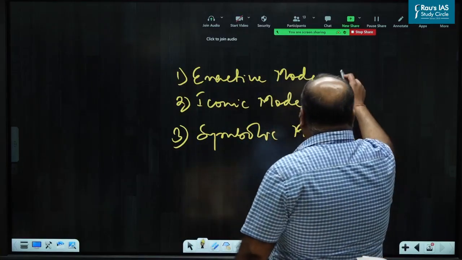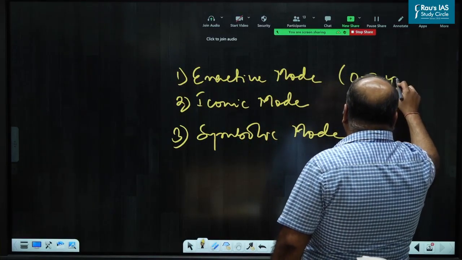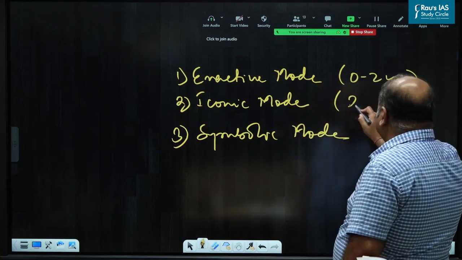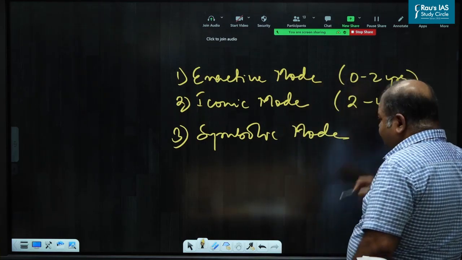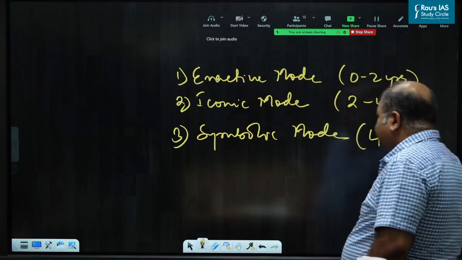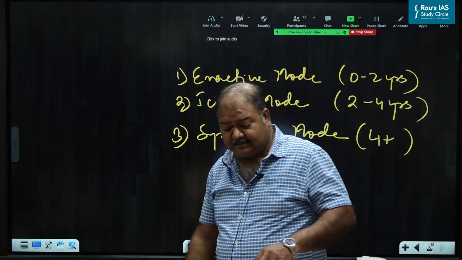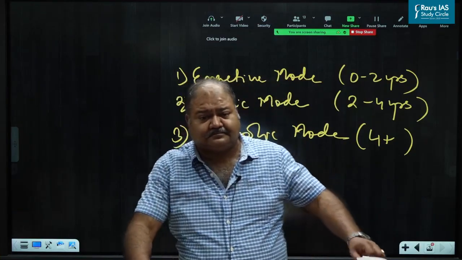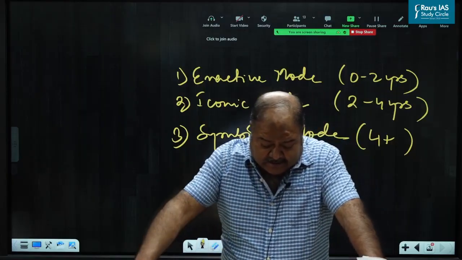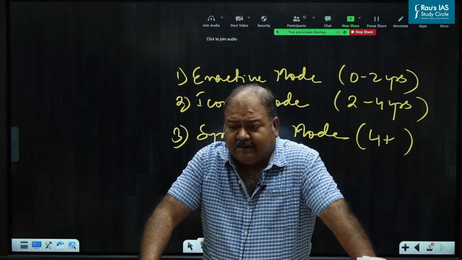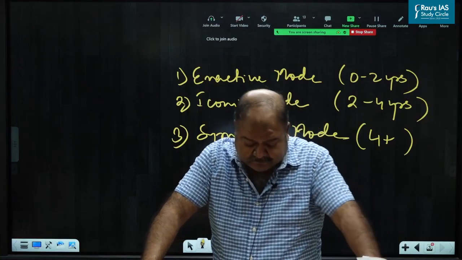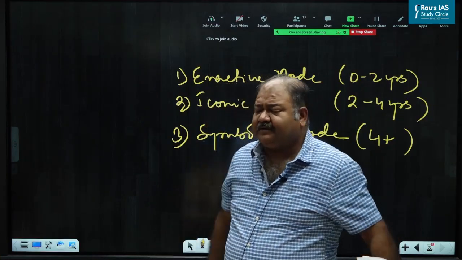The age groups are 0 to 2 years, 2 to 4 years, and 4 plus. Now, inactive mode. At the time of birth.